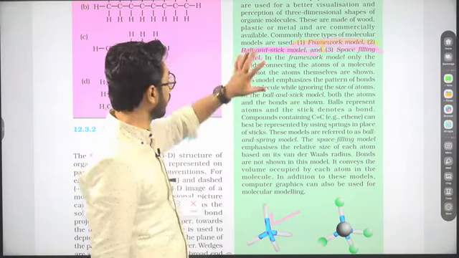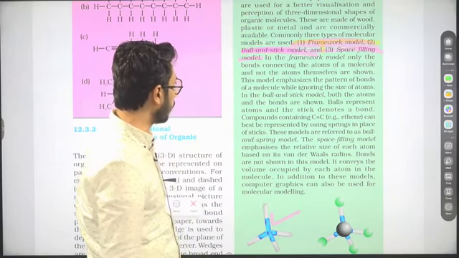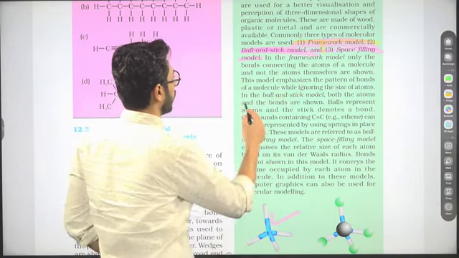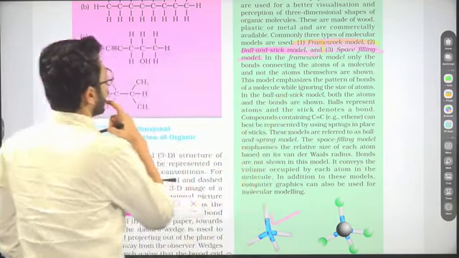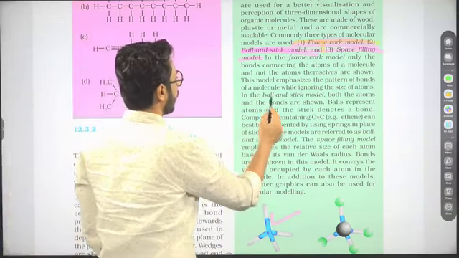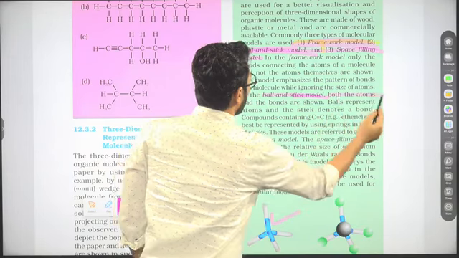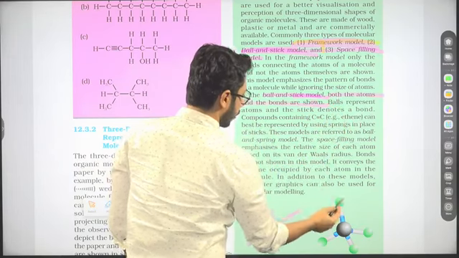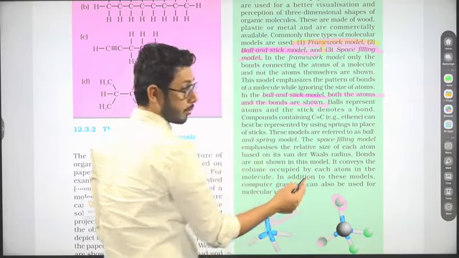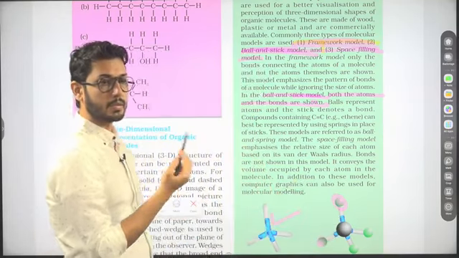Which model is given? Framework. Space filling model is the third one. Second one is the ball and stick model. In the ball and stick model, what is given? Both the atoms and the bonds are shown like this. If only bonds are shown, which model is it?